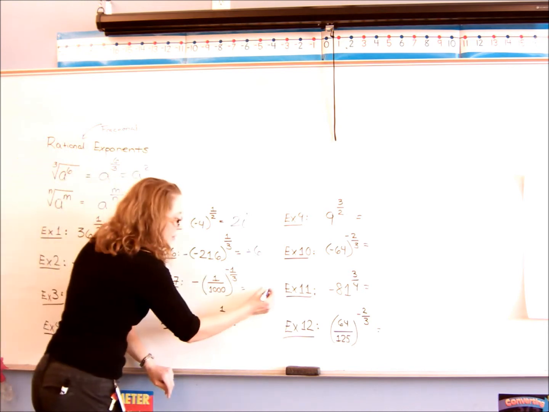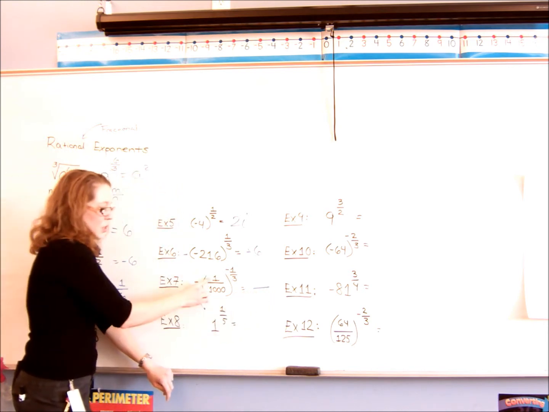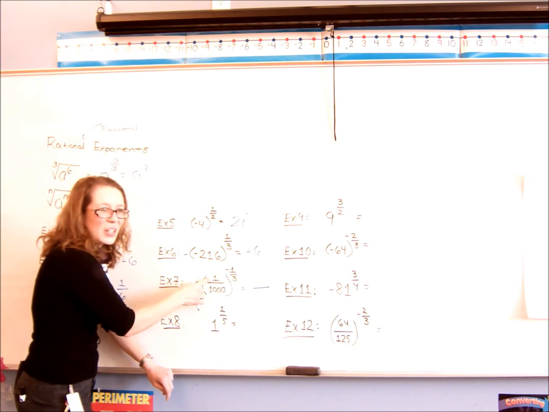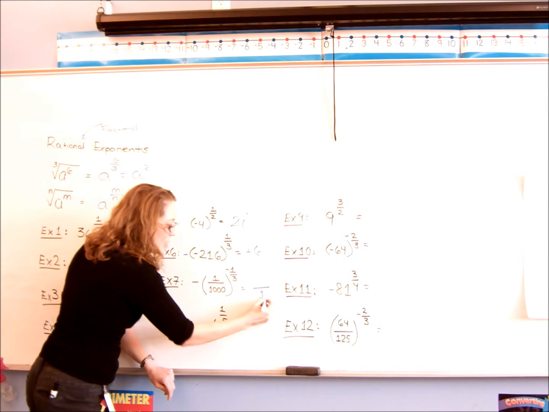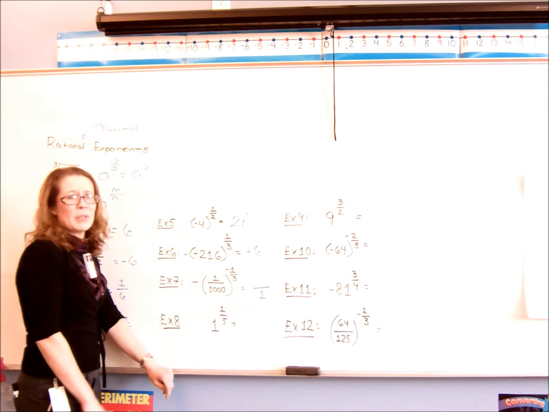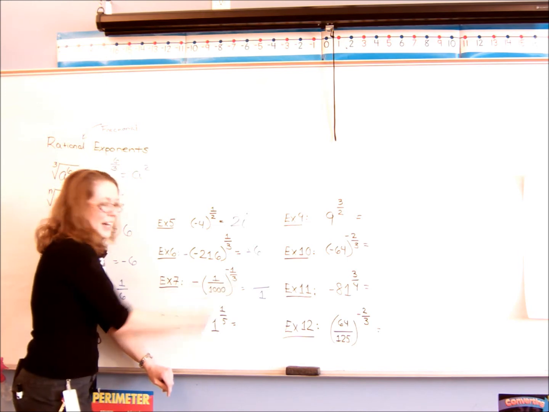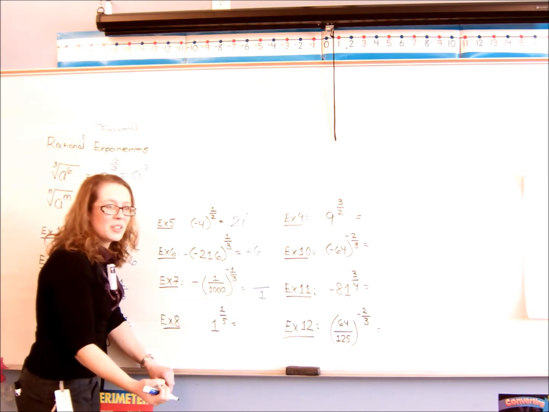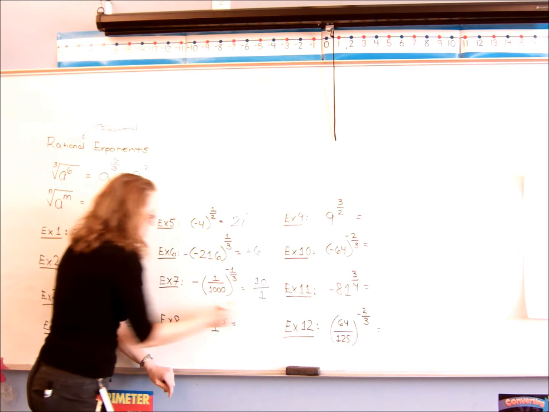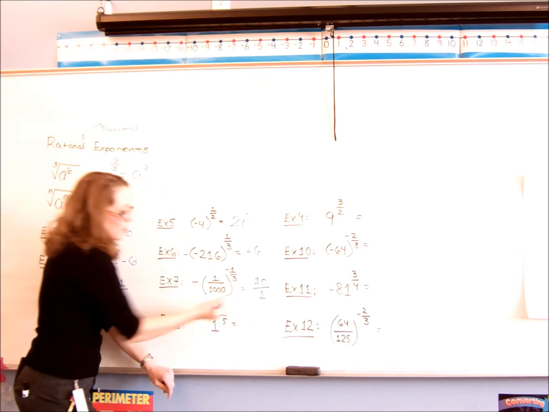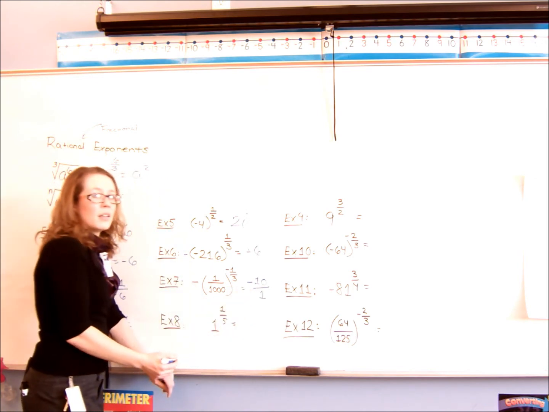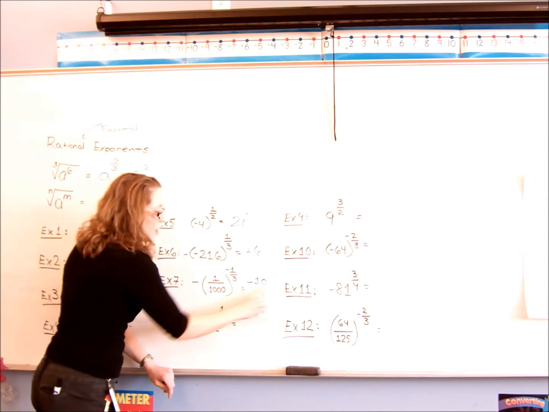So the cube root of 1 is just 1. That goes in the bottom this time. In fact, do I even need to put a 1 in the bottom? Nope, I don't. Okay, how about the cube root of 1,000? 10, very good. And then we're going to put the negative back on. So -10 over 1 or just -10.